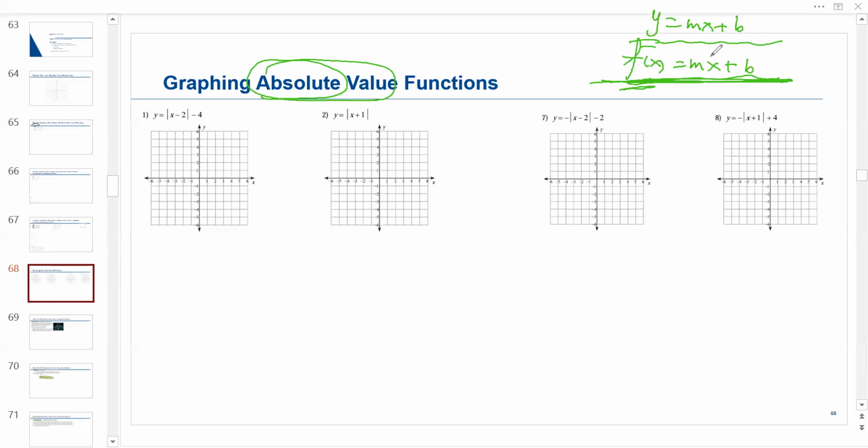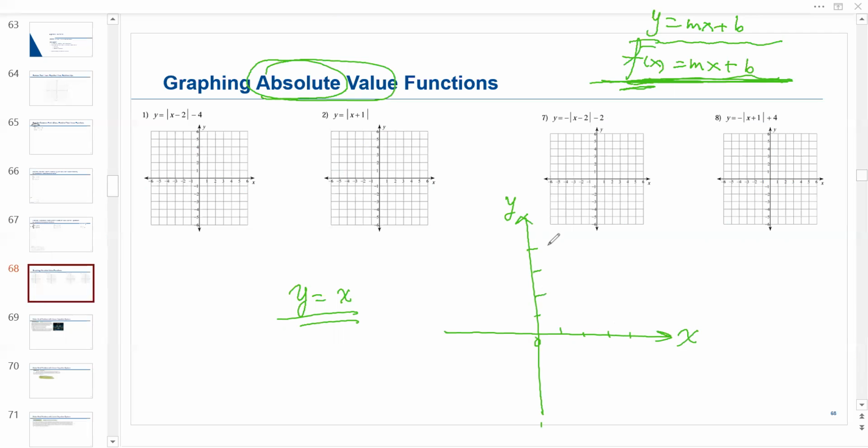Quick example. If you say y = x, can you graph this one? x = 0, y, 1, 2, 3, 4.